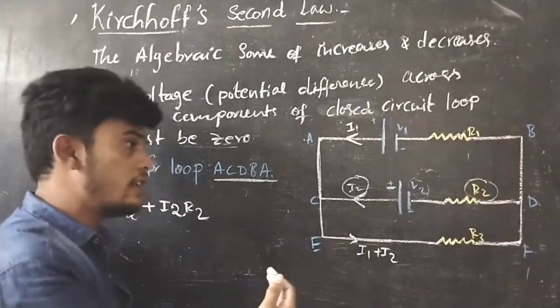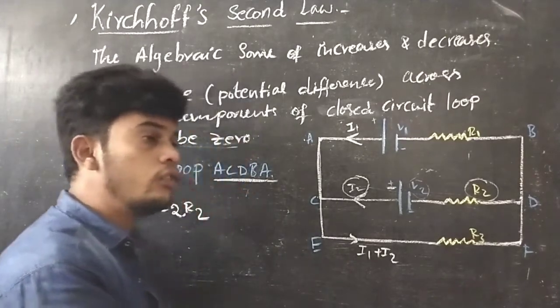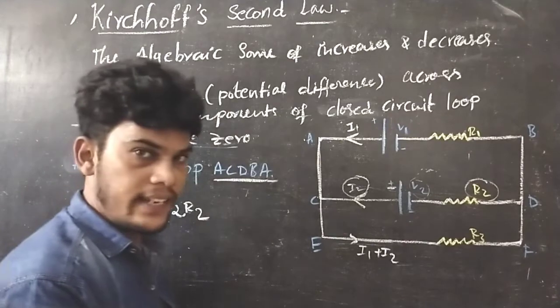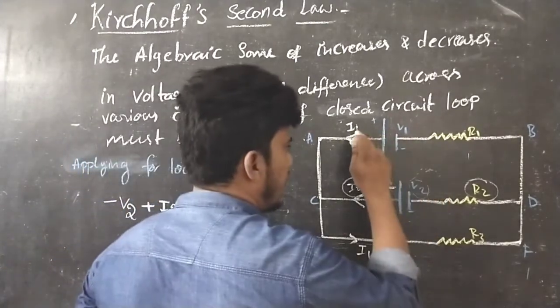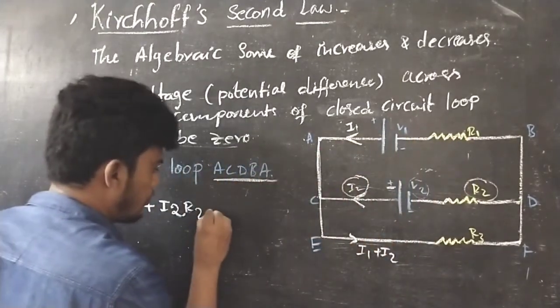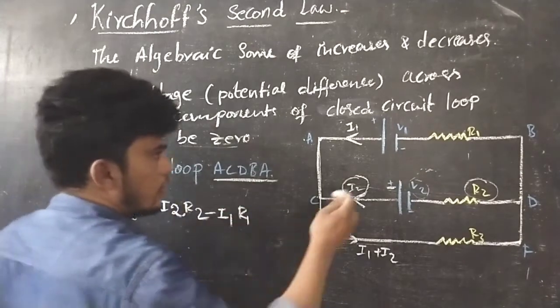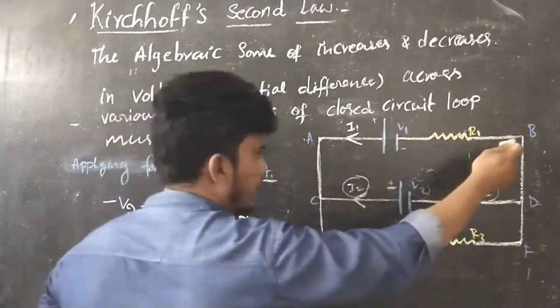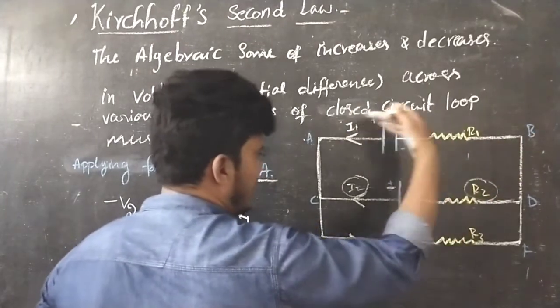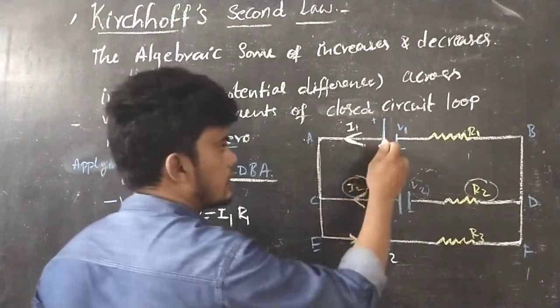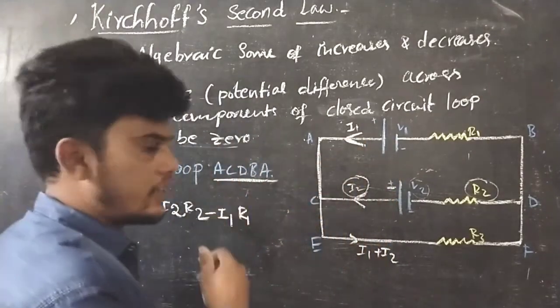From the sign conventions, when the loop direction and the current direction are the same, the values are taken as negative. So here I1, R1 are negative. So minus I1, R1, because from B to A the loop direction and the current direction are the same. That's why it is taken as negative.